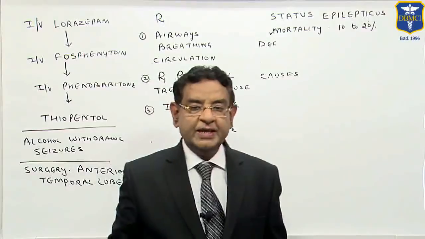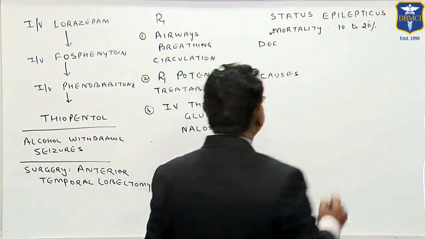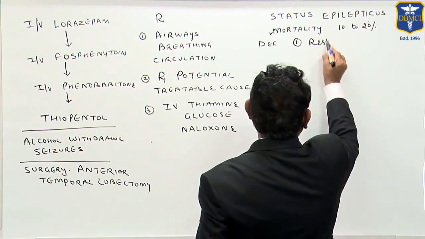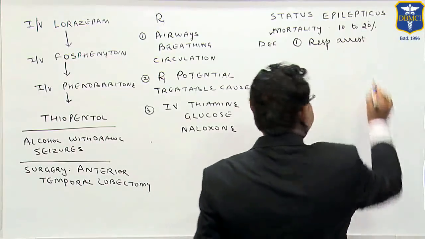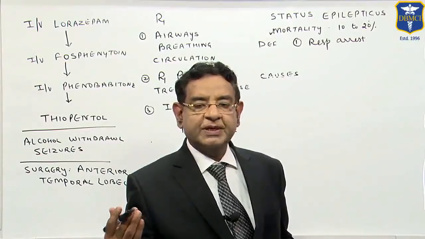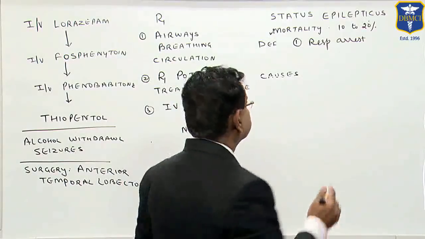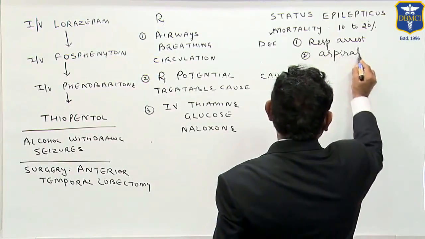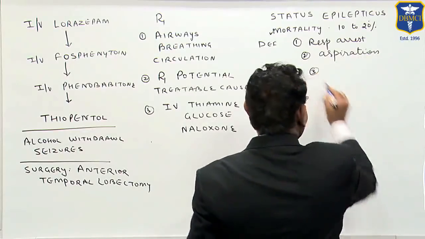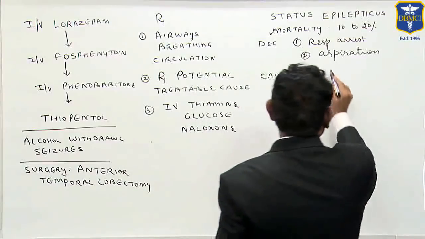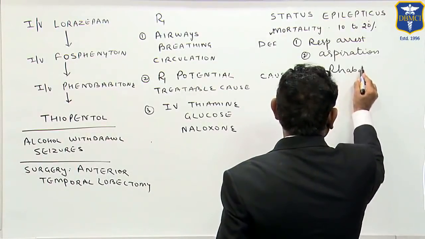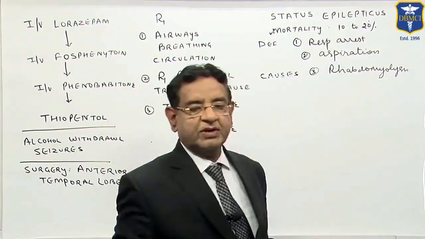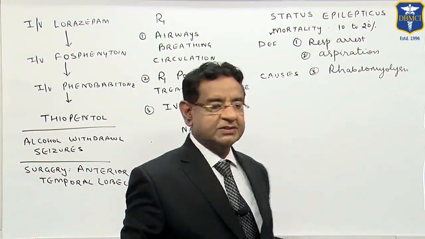Why is mortality so high? Because of various reasons. These patients are more prone to have respiratory arrest, the tongue may fall backward and block the upper airway, the patient may have aspiration pneumonia, the patient may have rhabdomyolysis, because repeated severe contraction of the muscles may damage the muscles.